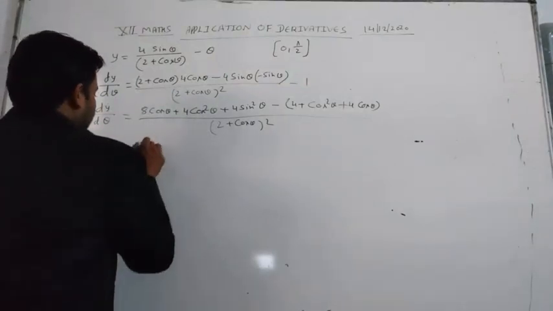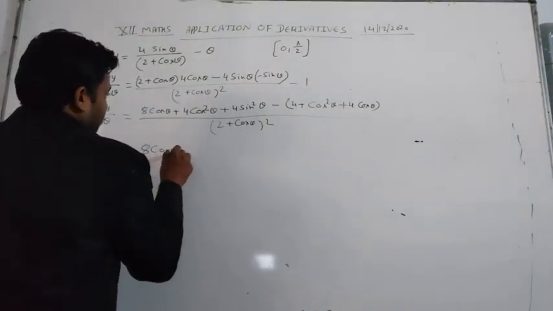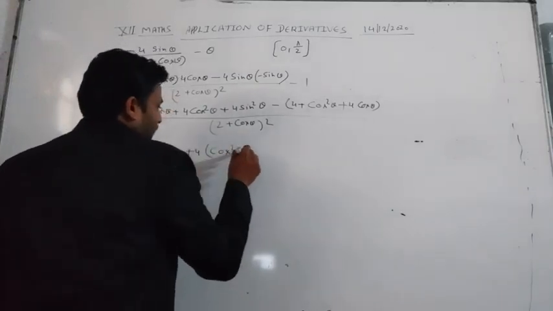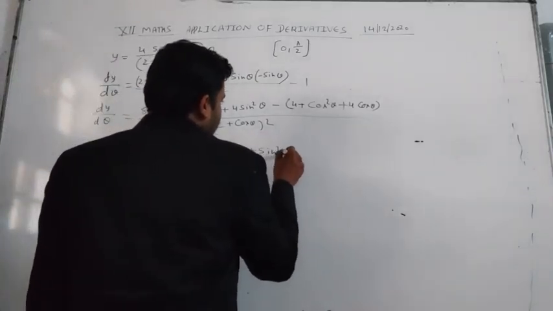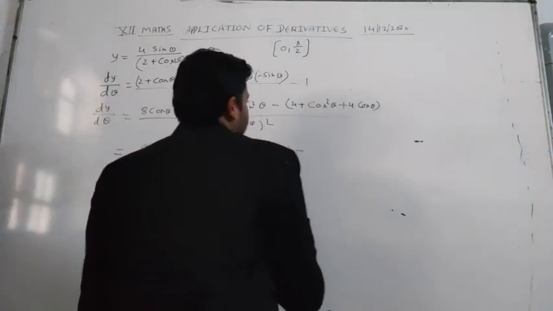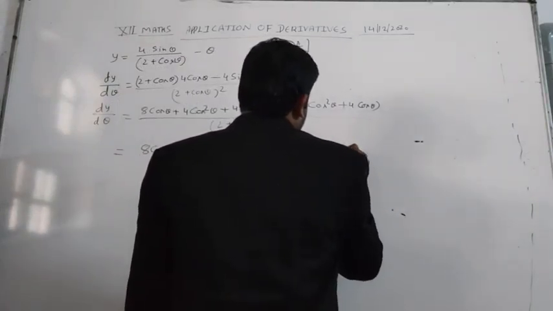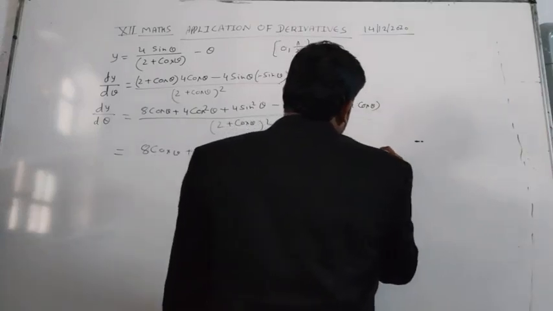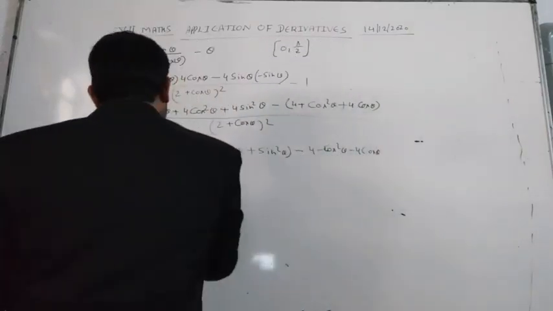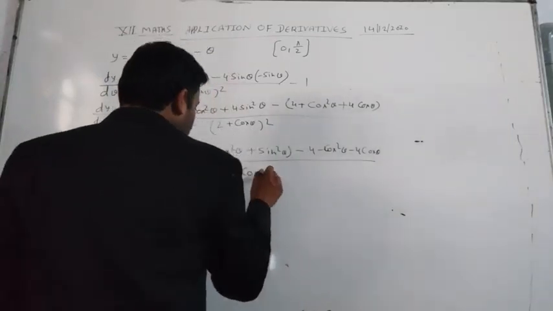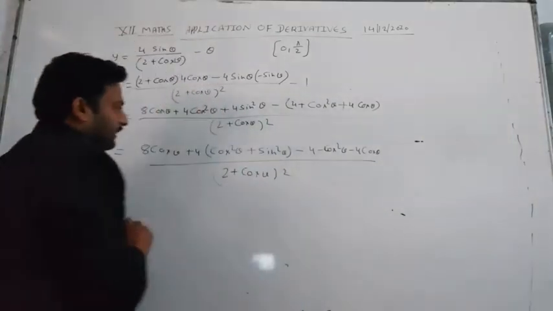So this is 8 cos theta and this is 4 into cos square theta plus sin square theta, and minus 4 minus cos square theta minus 4 cos theta, and divided by 2 plus cos theta whole square.